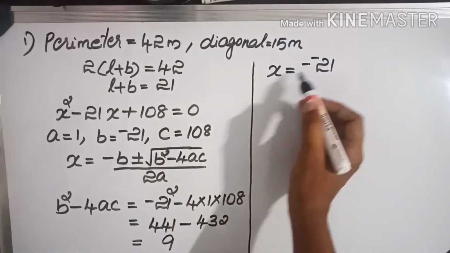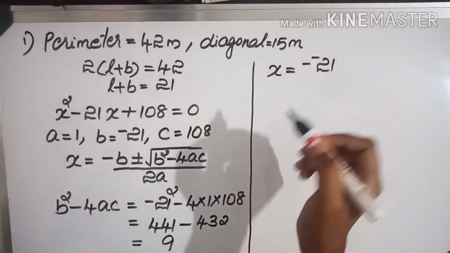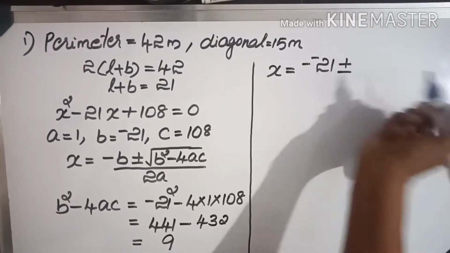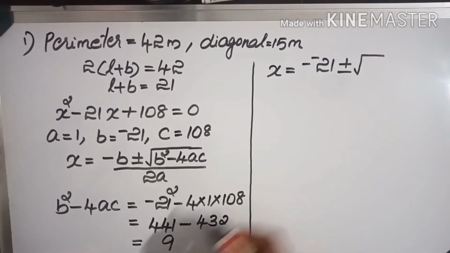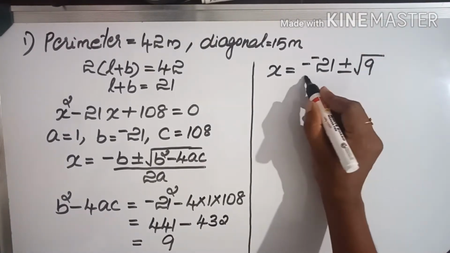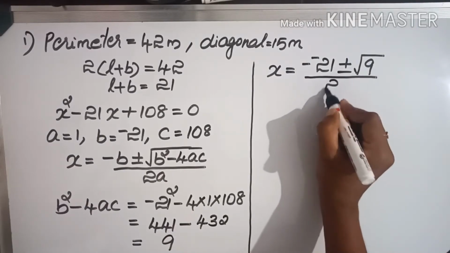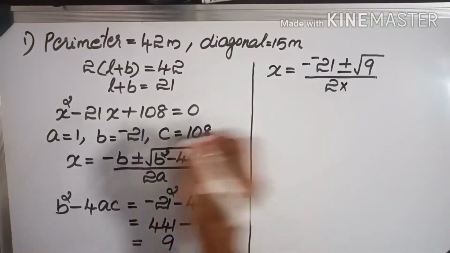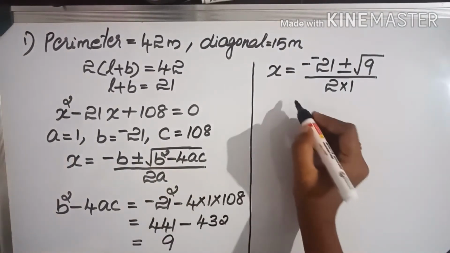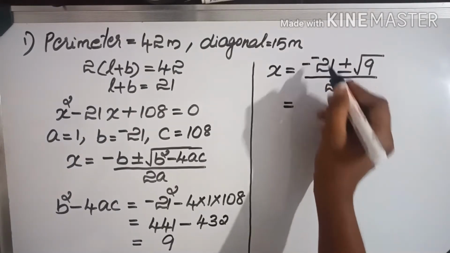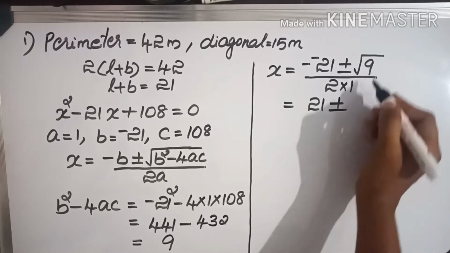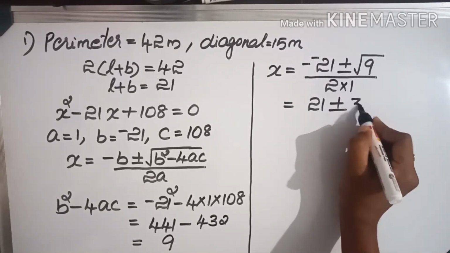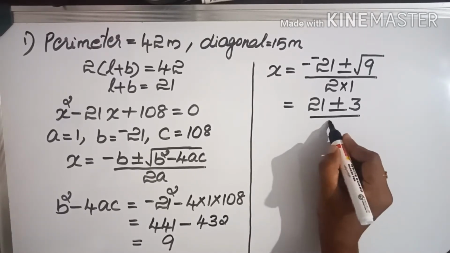First put the negative sign, then put b, that is minus 21, plus or minus root of b square minus 4ac, that we got as 9, whole divided by 2 into a, and a is 1 here. In the next step, negative and negative is positive. So 21 plus or minus root 9, root 9 is 3, divided by 2.